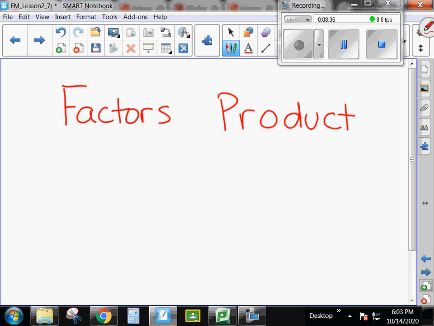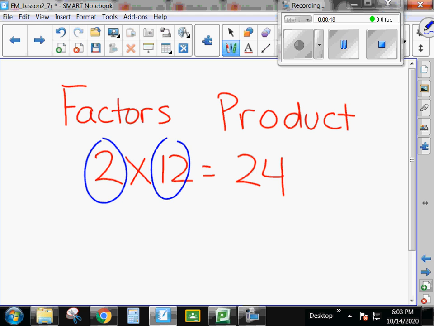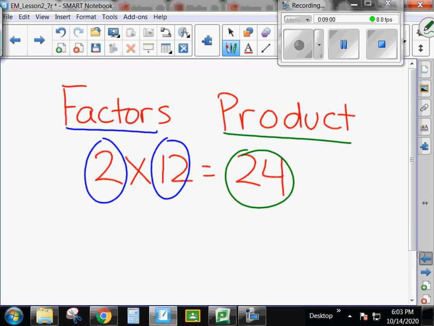I remember one of them was 2 rows of 12 equals 24. All right, boys and girls, these are my factors, and this is my product. Okay, factors are the numbers you're multiplying together. The product is the answer you're getting from those factors.